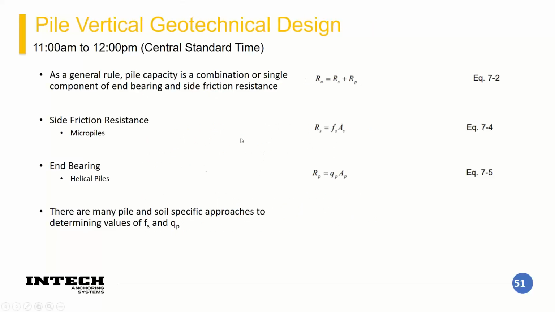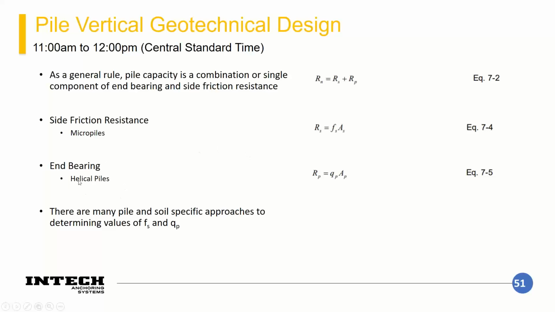So like we talked about at the beginning, all piles are going to have either one component or a combination of both, either side friction or end bearing. And I like to talk about micropiles and helicals because that's what I'm most familiar with. A micropile is a grouted reinforced pile where along the entire length of your pile, you've got this side friction, this Fs value, and this As value would be the area, the surface area of that bond throughout the length of your pile.